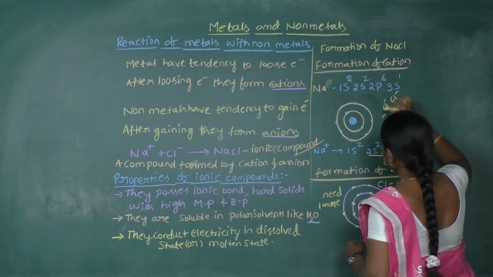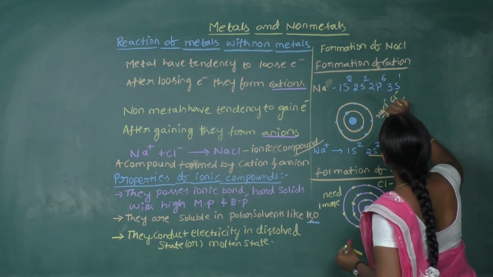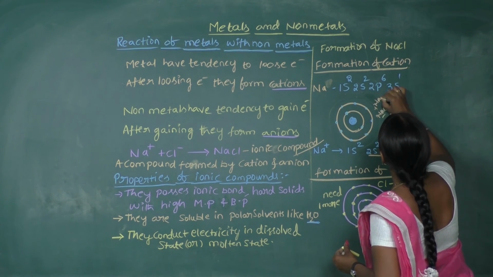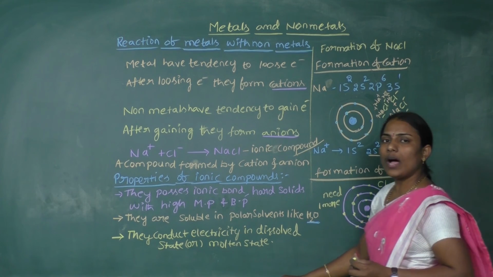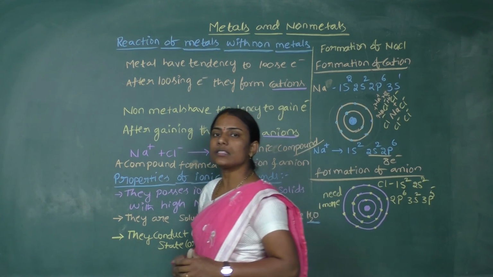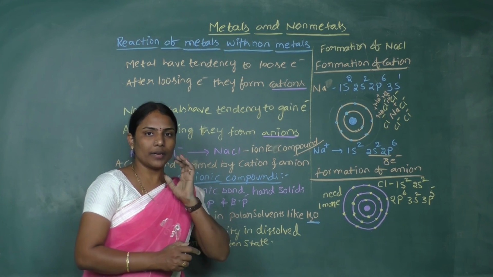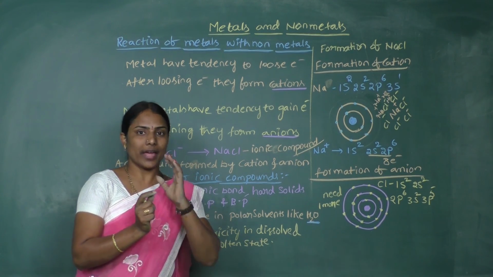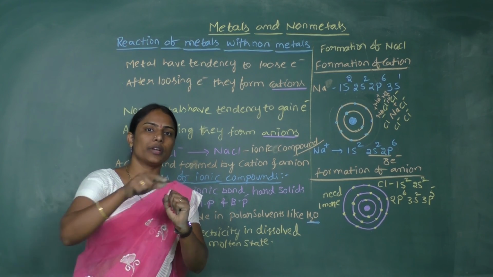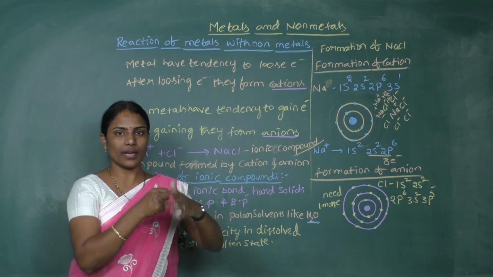Now this Cl- ion is in turn surrounded by Na+ ions. In the sense, no atom in the solid state is free, right? Each and every atom is completely packed by the opposite ions. A cation is completely surrounded by anions and an anion is also completely surrounded by cations.